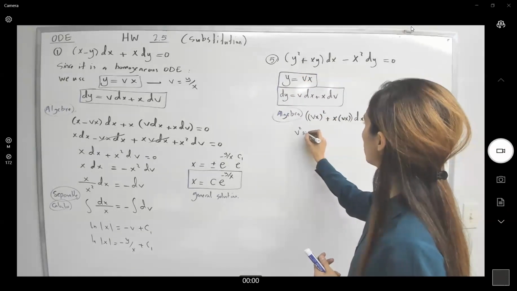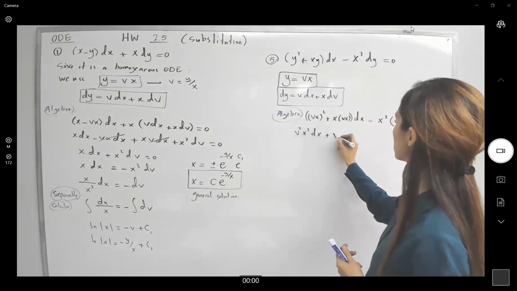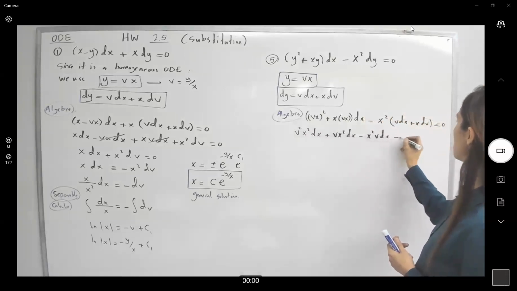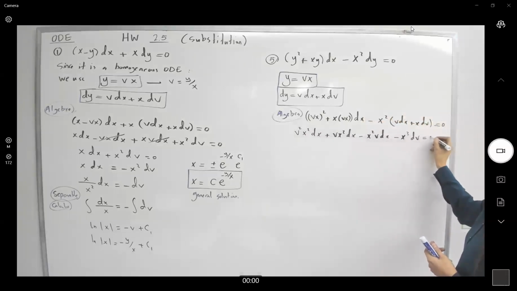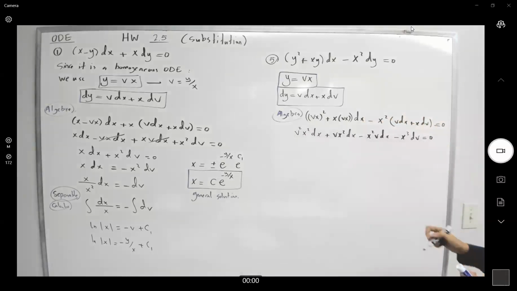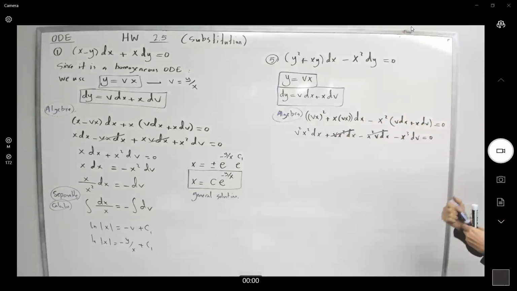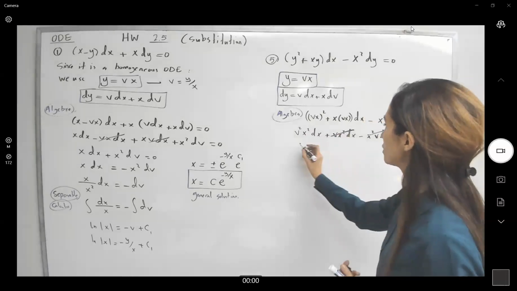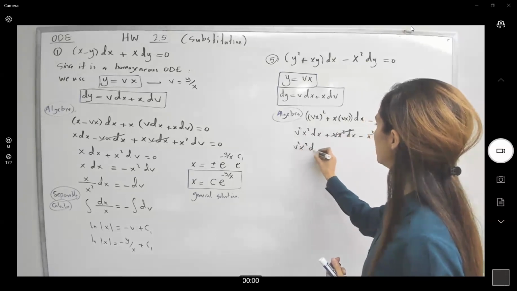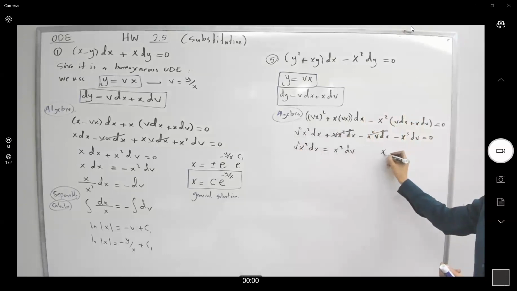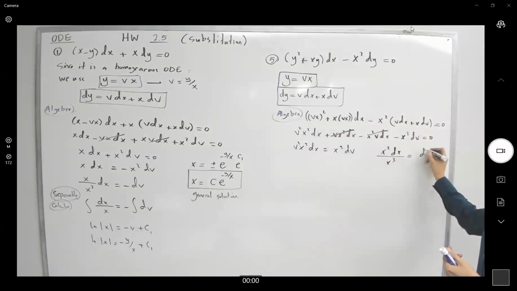So we have v squared x squared dx plus vx squared dx minus x squared v dx minus x cubed dv equal to 0. So let's get rid of the opposite terms. And what's left? You have v squared x squared dx equals x cubed dv. So it becomes x squared dx over x cubed equals dv divided by v squared.